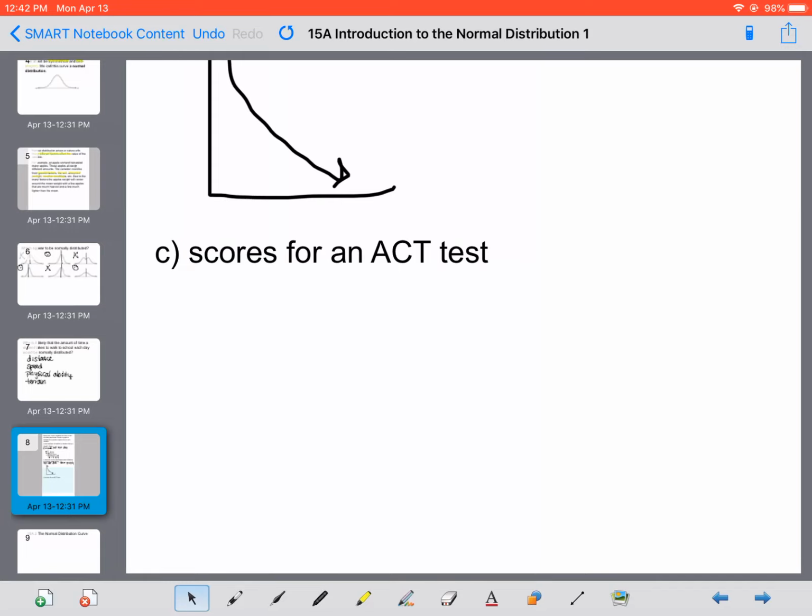The next one, it says scores for an ACT test. This one will be normally distributed. That should just be an I there. Sorry. So why? Well, it's because there are multiple different things that will affect your score.